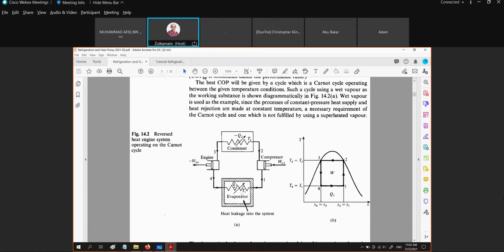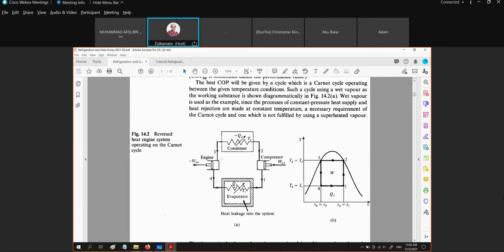So if the cooling effect Q1 is important for us, then the whole system, or the reverse Carnot cycle, is referred to as the reversible refrigerator.